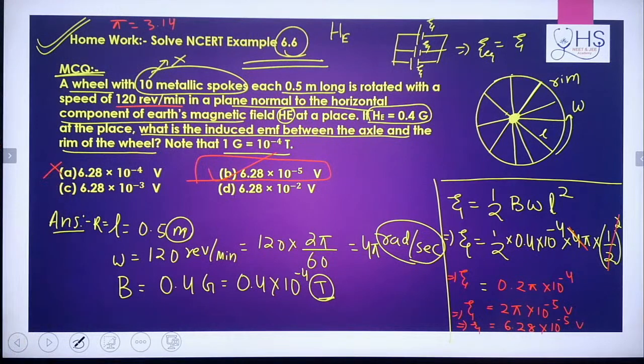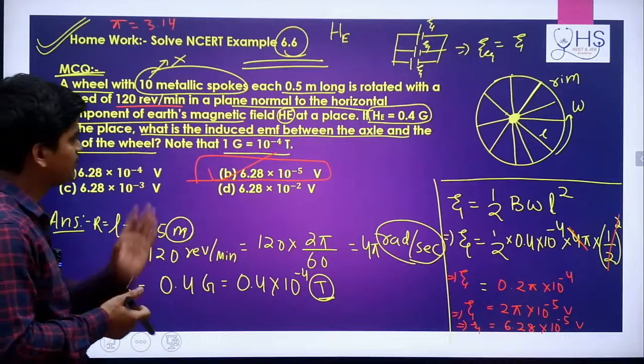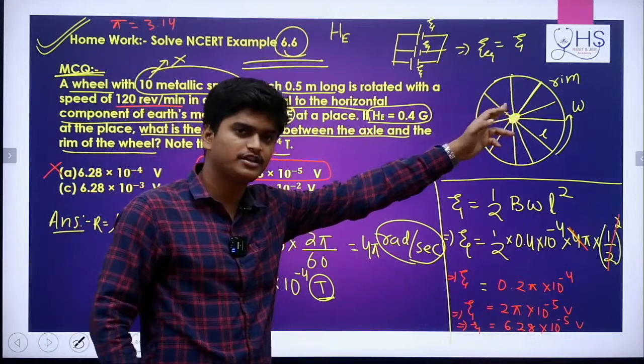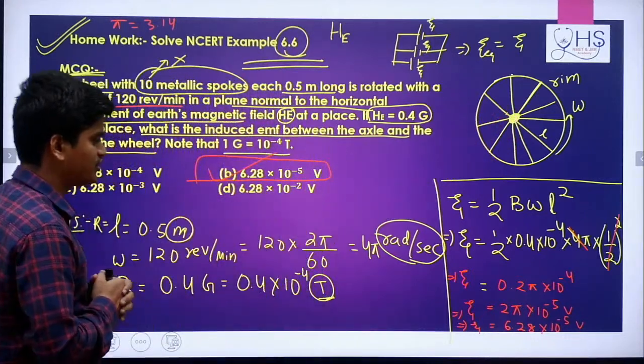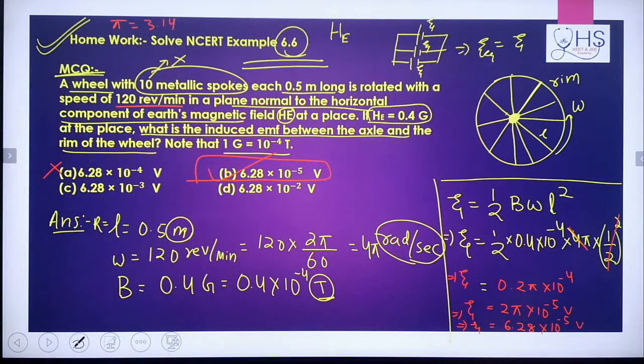The answer will be 6.28 into 10 to the minus 5 volt. So the number of spokes does not matter here. Instead of 10 spokes, even if 100 spokes were given in this wheel, the number of spokes does not matter. That is what you have to remember, because this little mistake can give you a wrong answer.